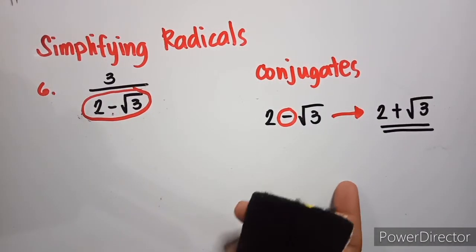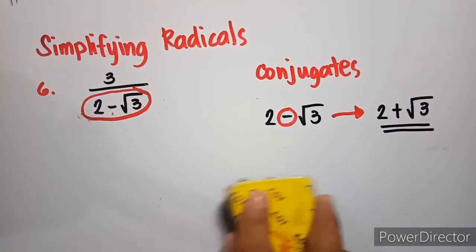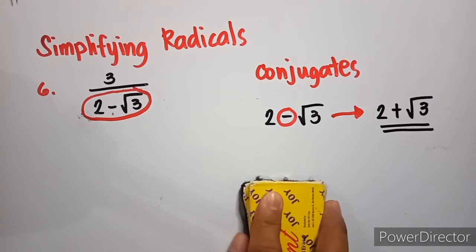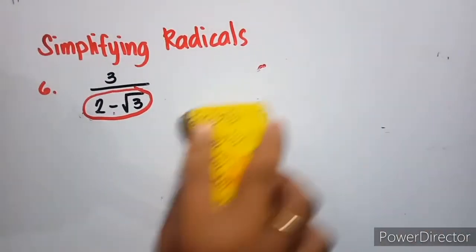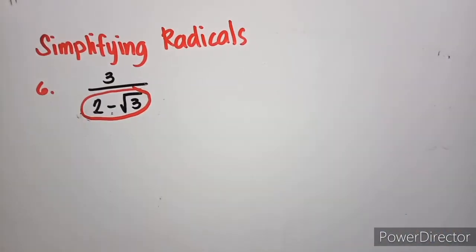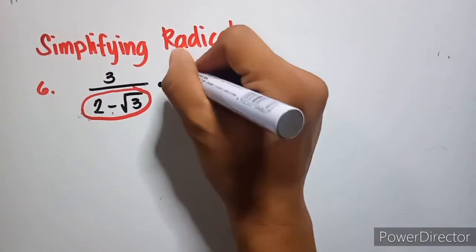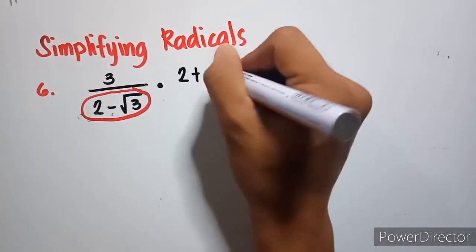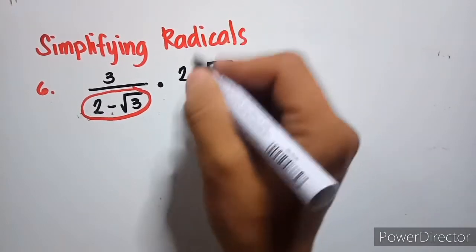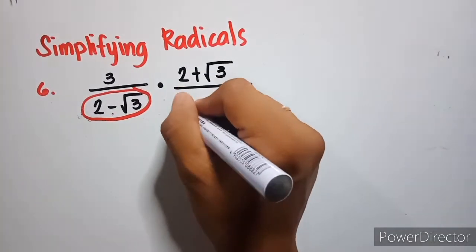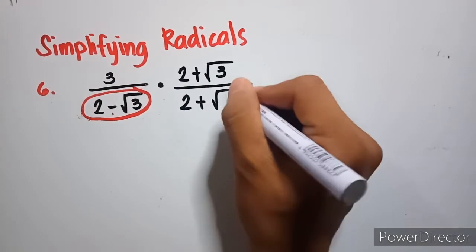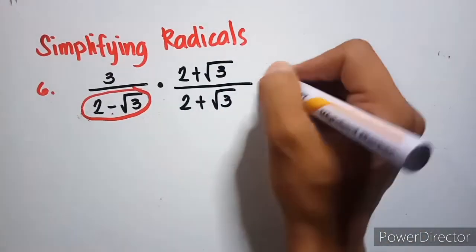Then, kapag nakuha na natin ang conjugates, pwede na natin siyang i-multiply sa numerator at saka sa denominator. So, magiging siyang, times our conjugate 2 plus square root of 3 over 2 plus square root of 3. So, ito yung conjugates.